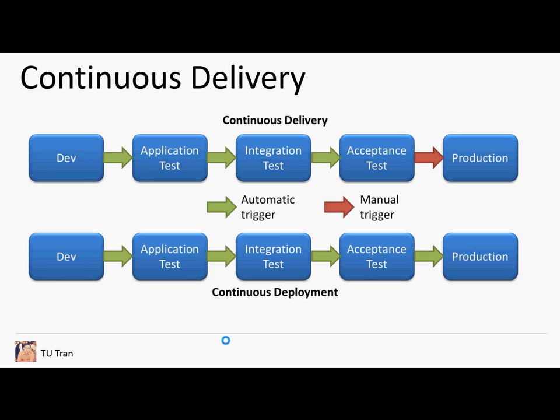If I forgot to verify this case, I would still allow the user to transfer money to another account, even if they don't have enough money. And the continuous deployment will deploy this new feature to production immediately, automatically.